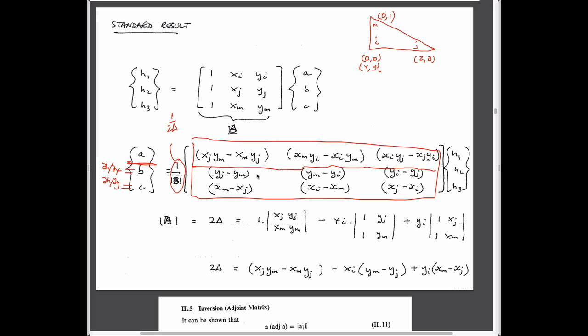So I think this is minus 1. Ym minus yi. So ym is 1 minus 0 is 1. And yi minus yj is 0 minus 0, which is 0.